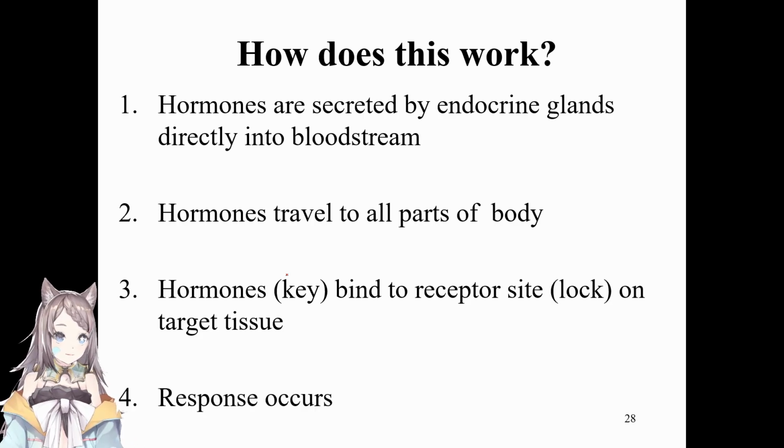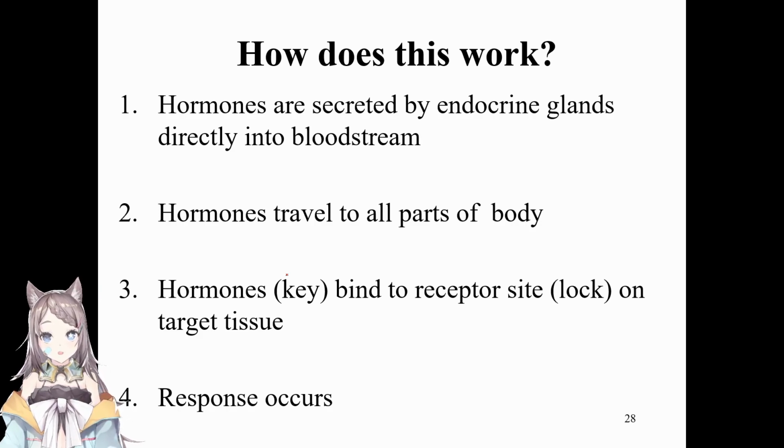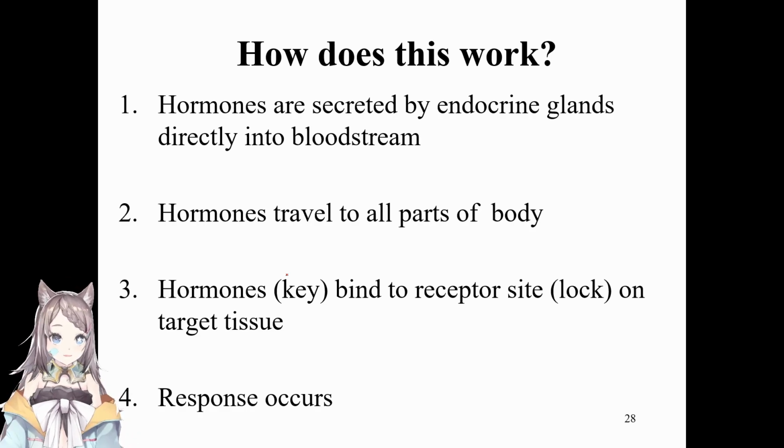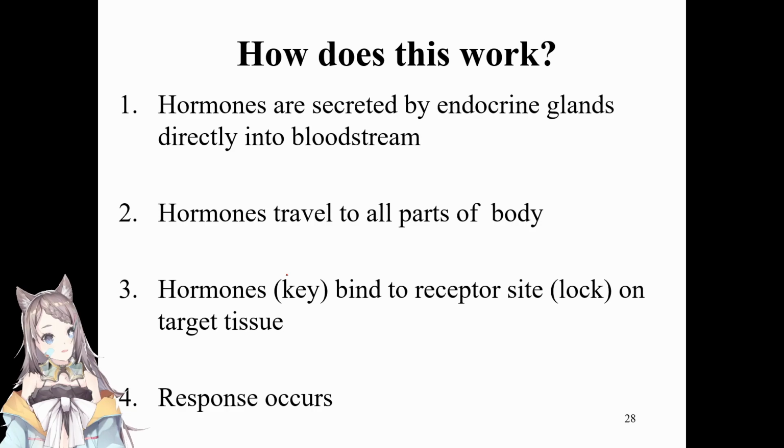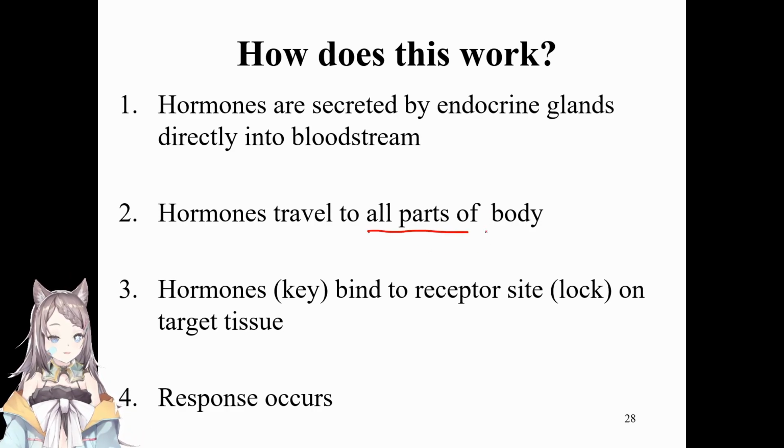Okay, you might be wondering, how can the hormone know where it should go? The simple answer is, it does not. Hormones are chemicals. They do not have a brain. They do not think. But the key word here is that it travels to all parts of the body.